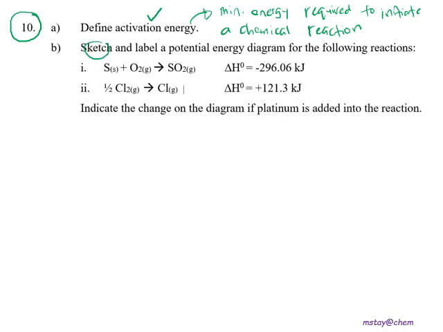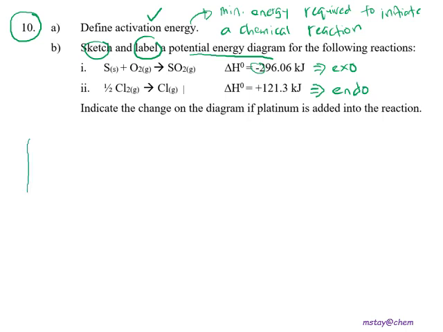B, sketch and label a potential energy diagram for the following reaction. For the first one, when we see delta H equal to negative, we know that this is an exothermic process, while positive, we know that this is an endothermic process.